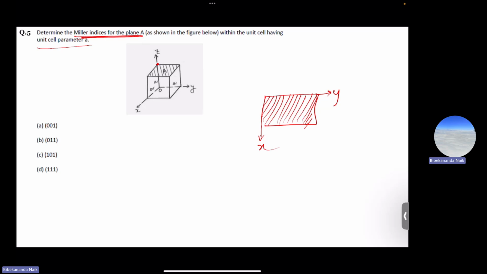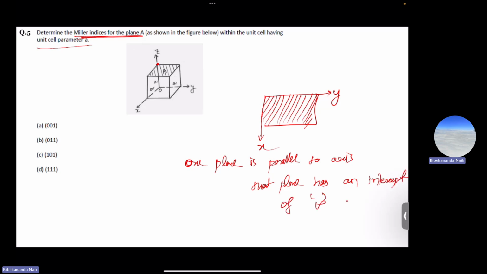This plane lies in the xy plane. Since this is parallel to both the x axis and y axis, if a plane is parallel to an axis, that plane has an intercept of infinity on that axis.